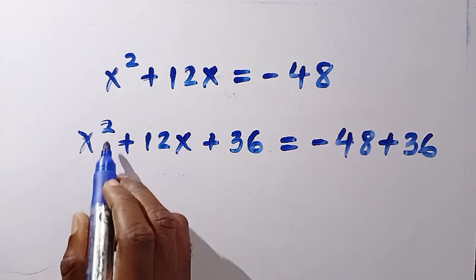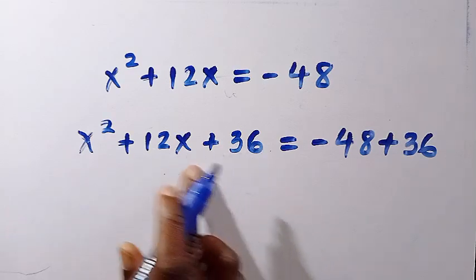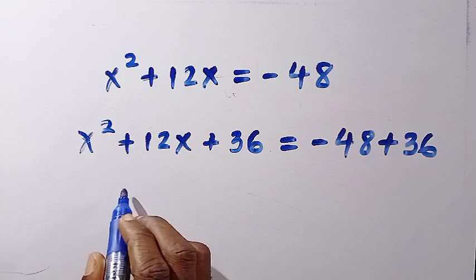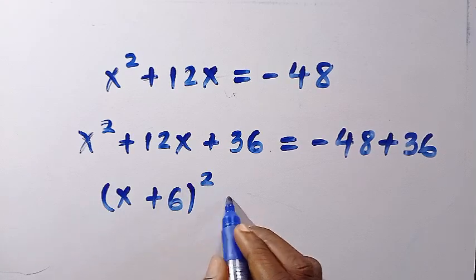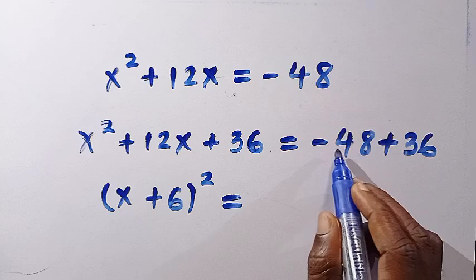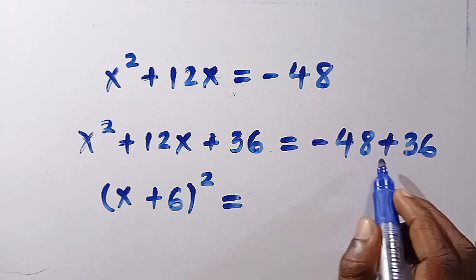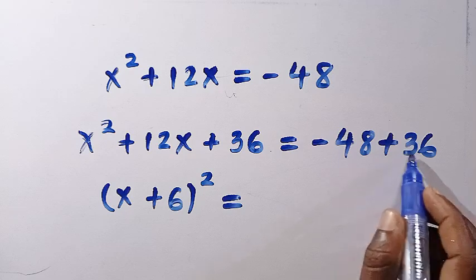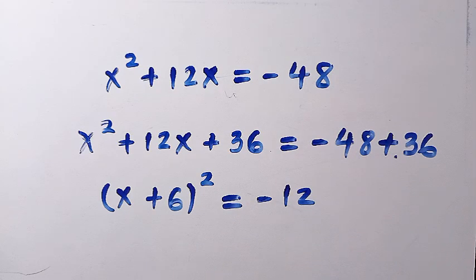And x^2 + 12x + 36 is the same thing as (x + 6)^2 equals minus 48 plus 36. So we are getting negative for this one. So when we subtract this, we have minus 12.